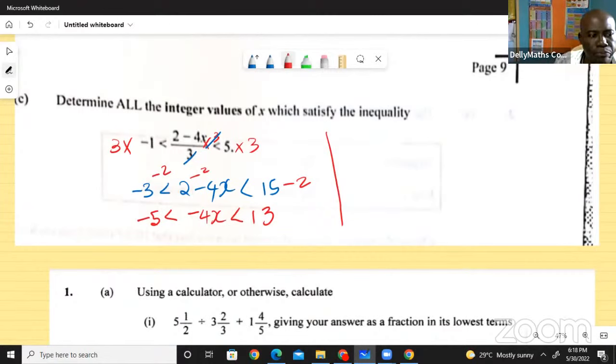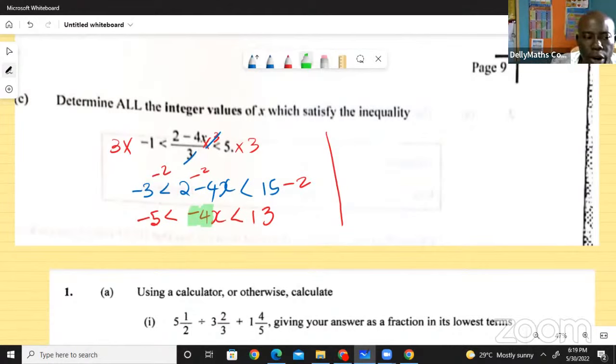All right, now here is the thing. We're going to divide throughout by -4. I will say to you, whenever you divide or multiply by a negative number when you're solving inequalities, you have to turn the sign, or what we say, flip the sign.